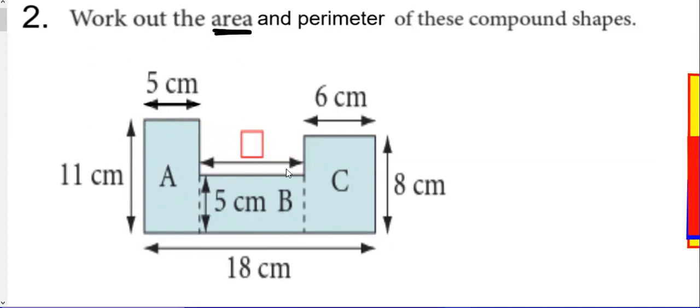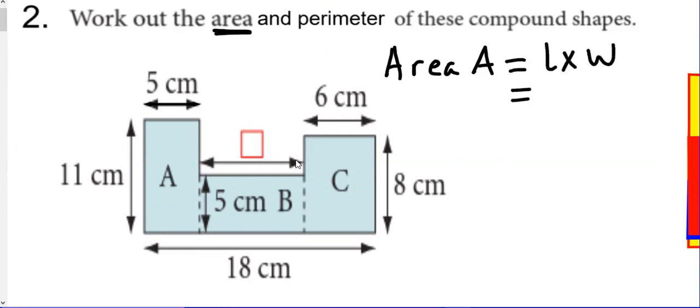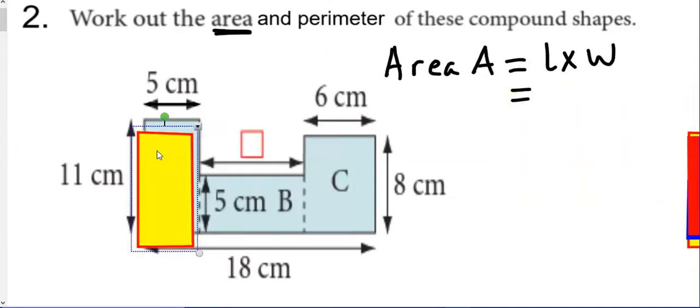Now let me start with area A. Area A is simply a rectangle, so I'm going to take the formula of the rectangle, which is length times width. For those who have forgotten where area A is, this is the area A I'm talking about.